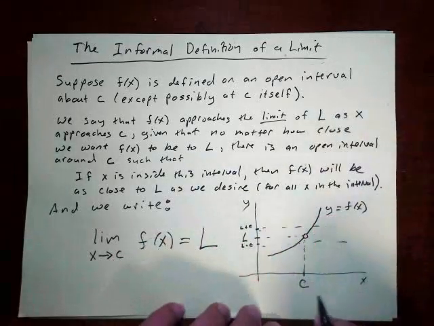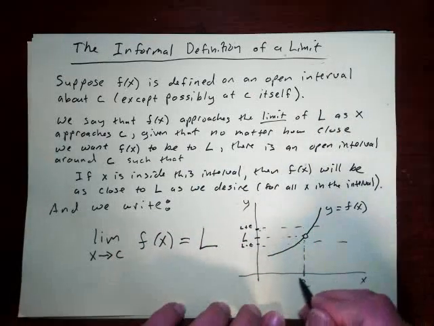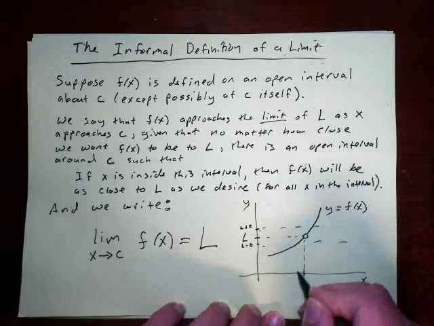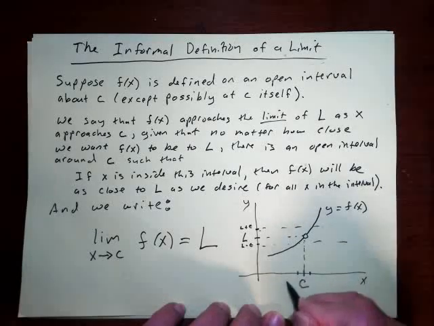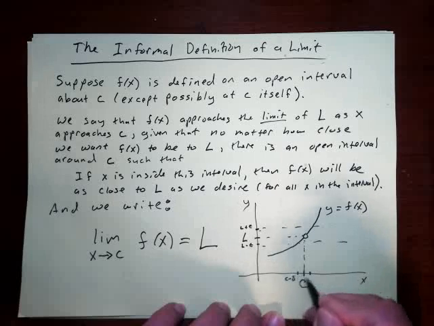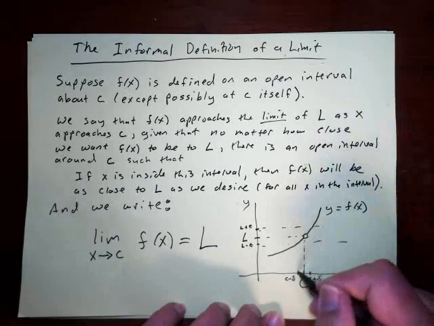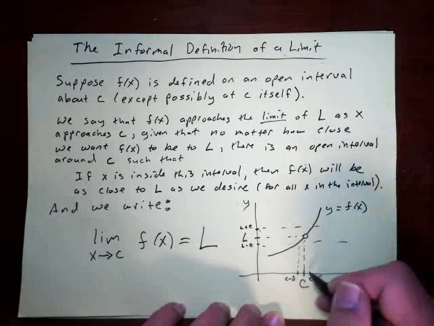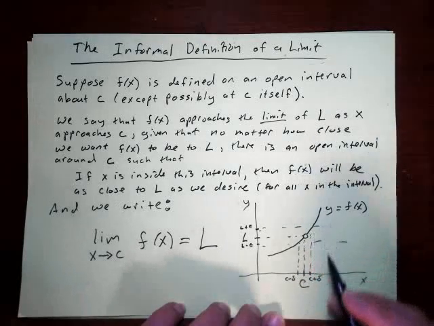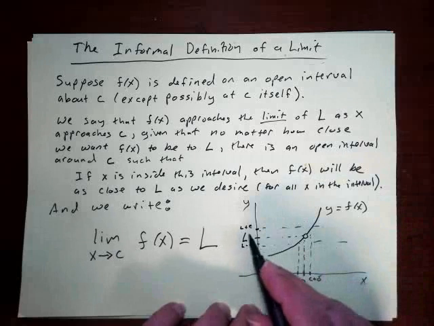So L is a limit as x approaches c if I can find some interval around c, and we call this c minus delta and c plus delta. That's our delta interval. And this interval means I can find an interval for any epsilon.